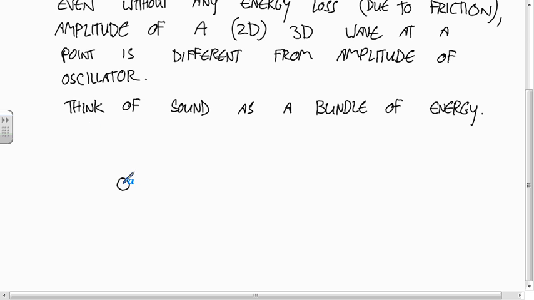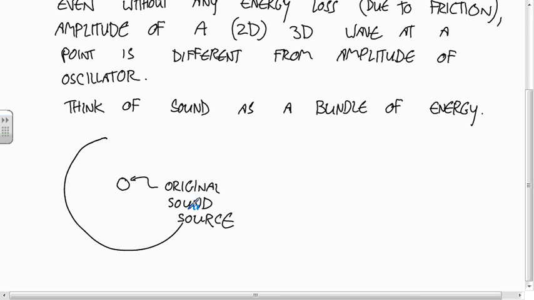So if this is the original sound source, after some small time, that original bundle of energy is now not concentrated at a point.